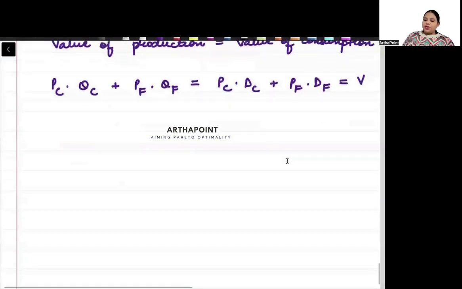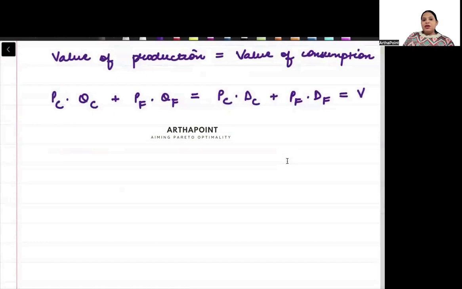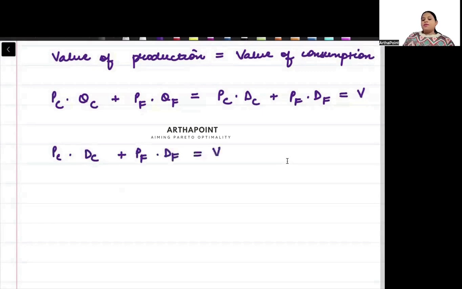Because both are equal to V, if I ask you, beta, what will be my line of consumption? Line of consumption is this. V is constant. We were assuming value to be constant, so this also equals V only. Production was also equal to V only.